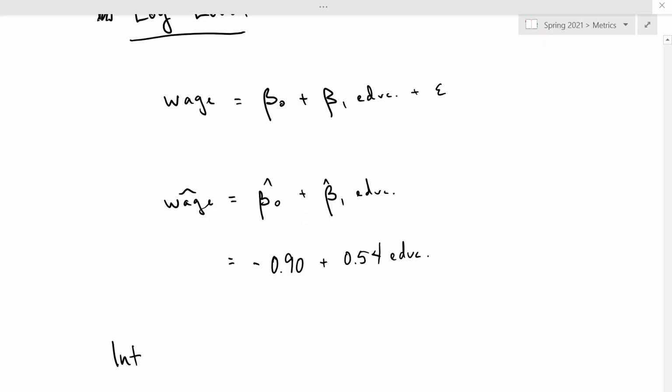Hopefully we know how to do this, but let's go ahead and look at the interpretation of beta 1.